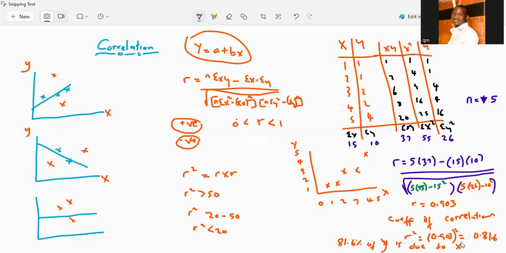So we have done the correlation. Then we can also calculate the regression equation itself and predict our Y. So we can tell that the relationship there is strong.